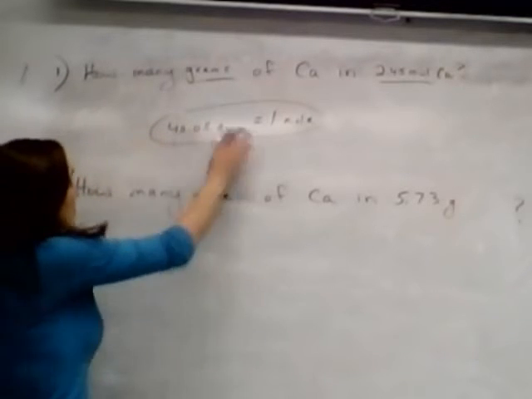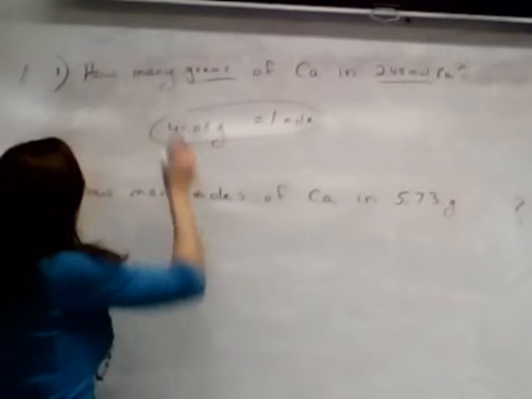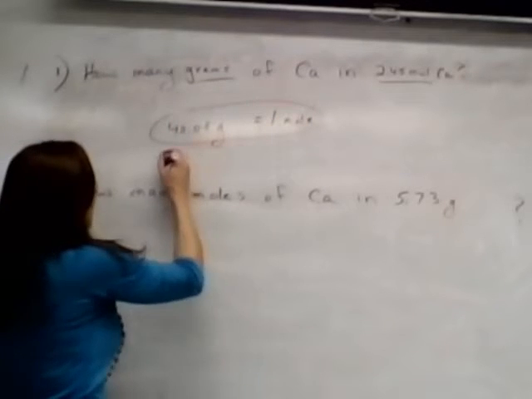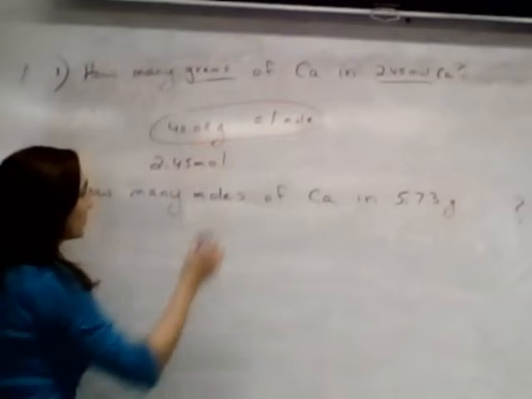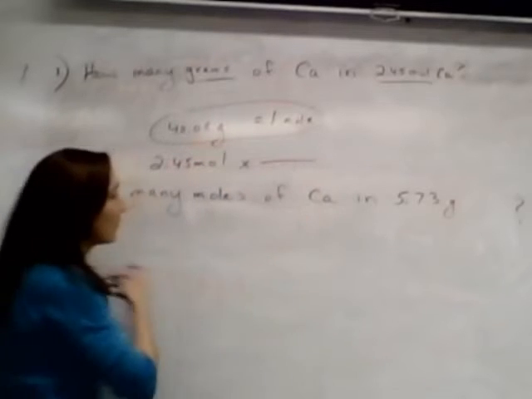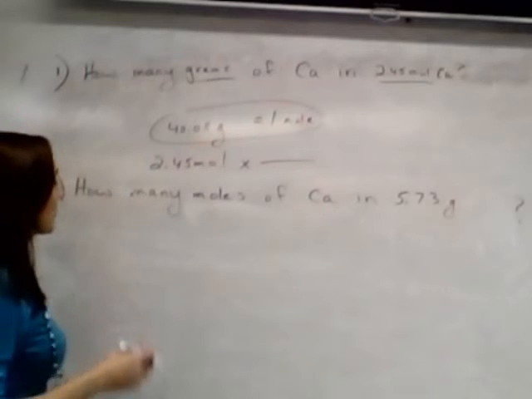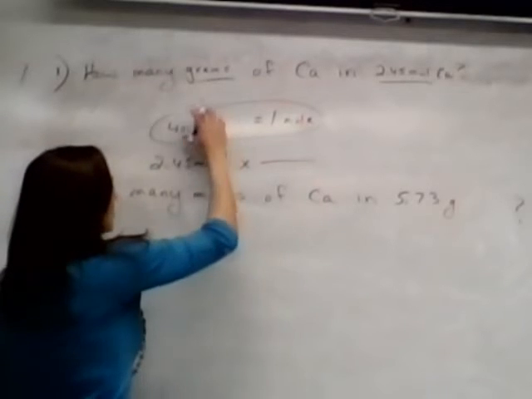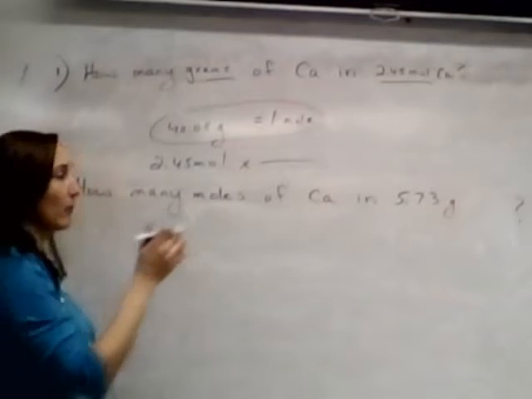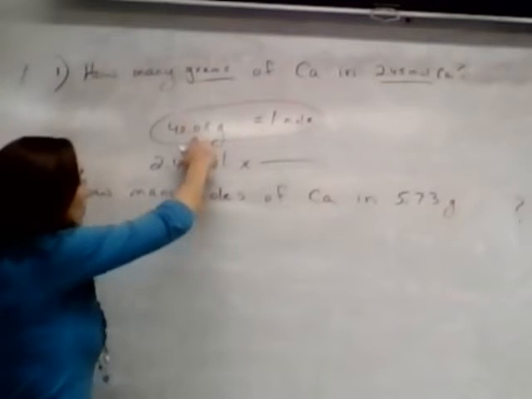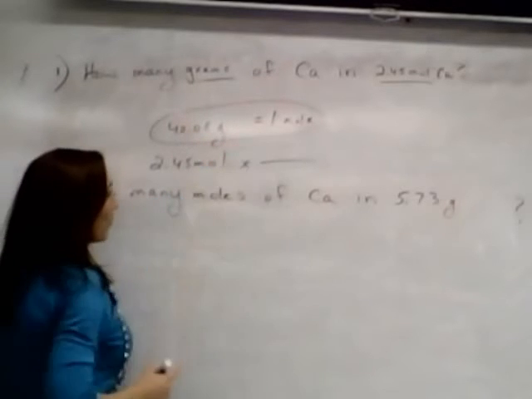Okay, so these are the 2 units I'm relating between. I am going to start by writing down the number given in the problem, 2.45 moles, and then setting up a conversion factor. A conversion factor always contains the 2 units that I'm interested in and their equivalents to one another. So for calcium, 40.0 grams is equal to 1 mole.